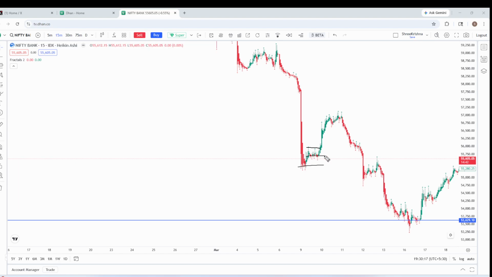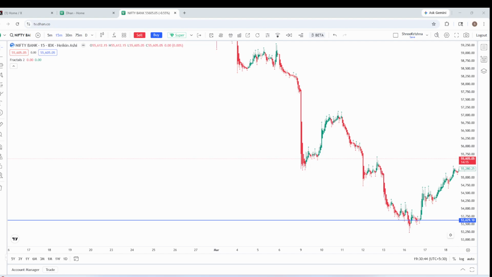So whenever the first flag comes out after an impulse, just like I told you, impulse, then you need a flag here. Then we will take an exit out of this. We made an exit, then it made an impulse, then it made a flag here. Break of this flag, we enter, and again we are going down. Again it made a flag here, it came, again it made a flag here, it came.